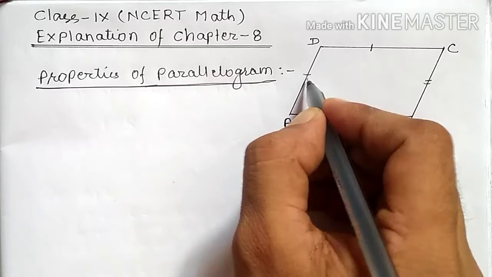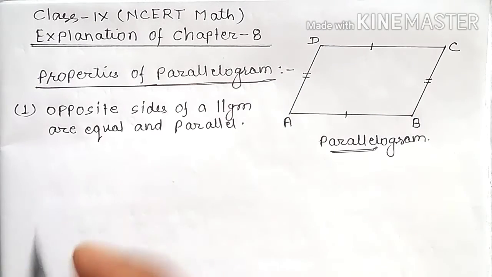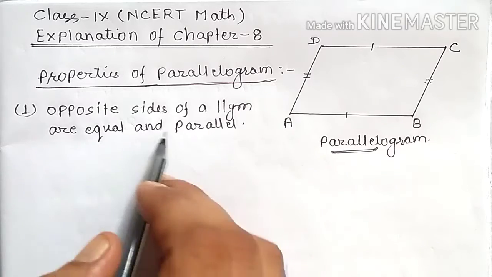This is the opposite side. Pair of opposite sides are parallel and equal. Opposite sides of a parallelogram are parallel and equal.